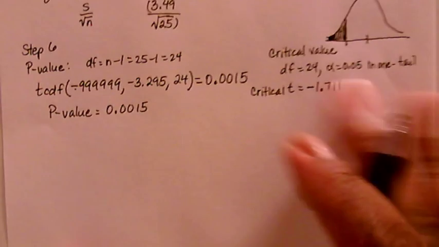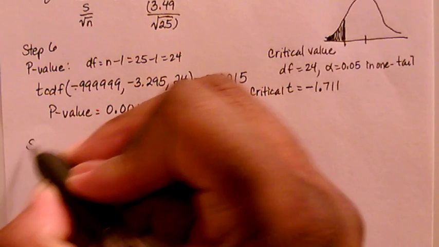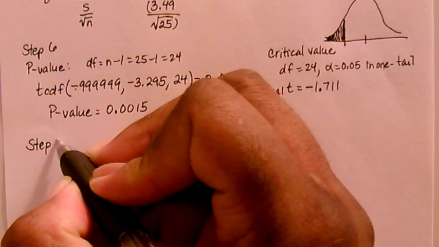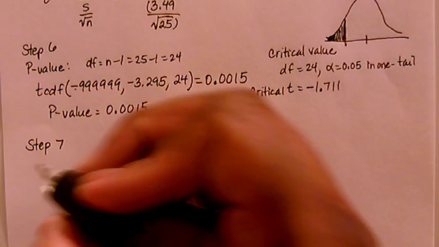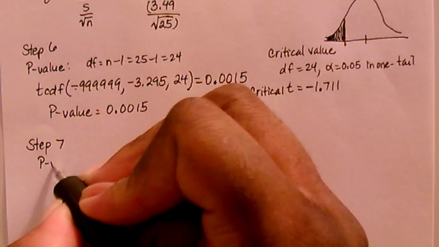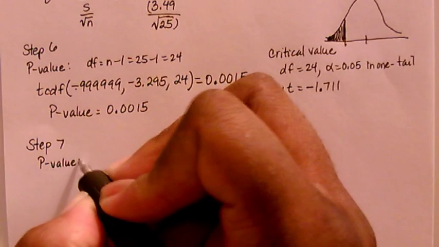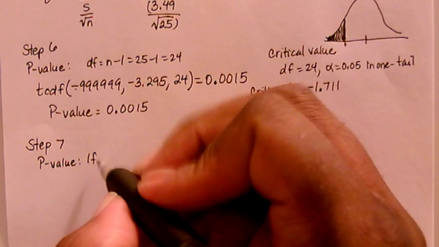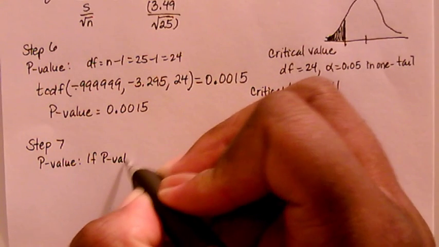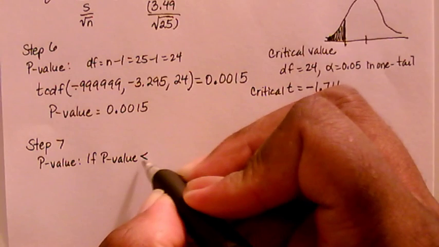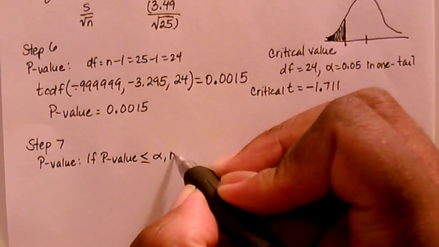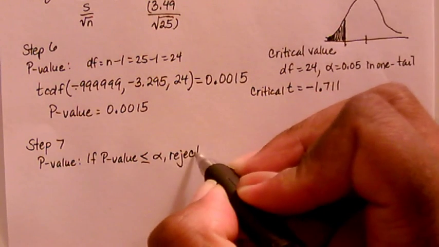Step number 7 is your decision rule. You can use the p-value approach or use the critical value approach. If you use the p-value approach, then that means this: if the p-value is less than or equal to alpha, you reject the null.